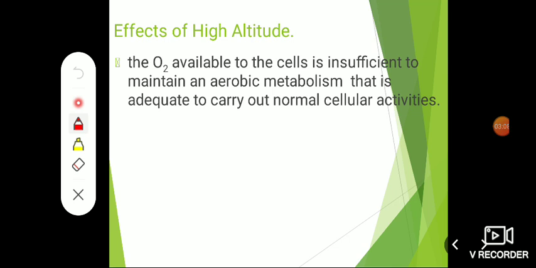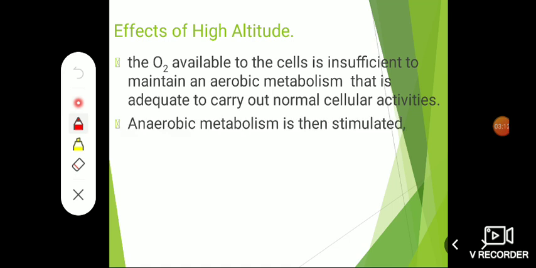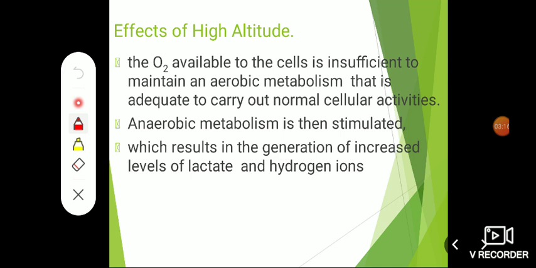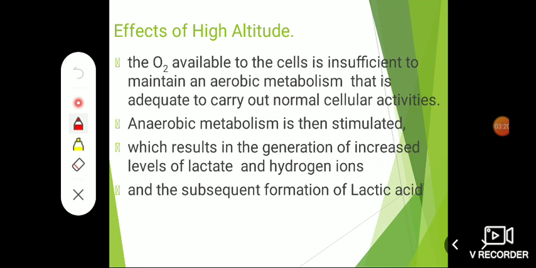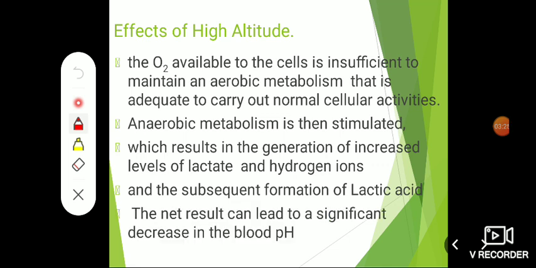If oxygen is deficient, anaerobic metabolism is stimulated, leading to increased levels of lactate and hydrogen ions and subsequent formation of lactic acid. This leads to a net decrease in blood pH, which is the main consequence of hypoxia. So if you go to high altitude, your blood pH is going to get altered.